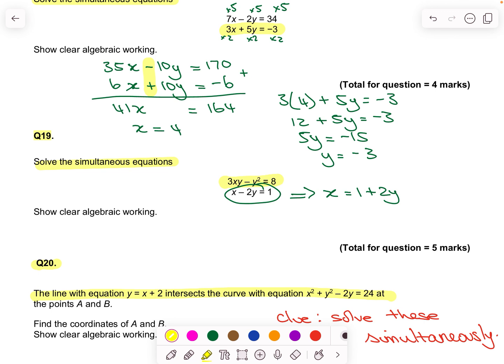So at the top, I've got 3 times x, but I'm going to put 1 plus 2y instead, times by y. Okay? Minus y squared equals 8. Okay, so I've got rid of the x's because I substituted 1 plus 2y in there.